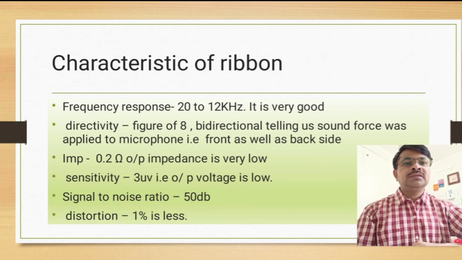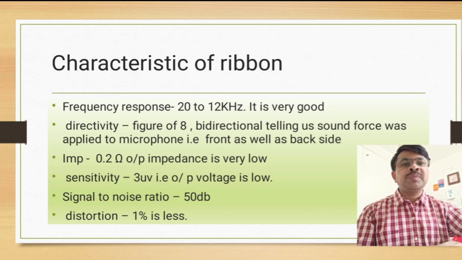Impedance. It is 0.2 ohm. It is very low. For that, an impedance matching transformer is required. So an inbuilt impedance matching transformer is present in the ribbon microphone. Sensitivity, that is the output voltage of the microphone. It is very low, that is 3 microvolt, so we require a preamplifier, meaning the microphone output is connected to a preamplifier circuit.